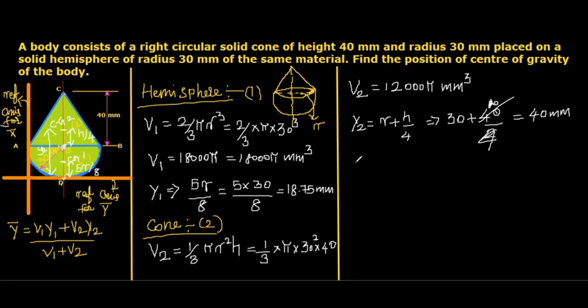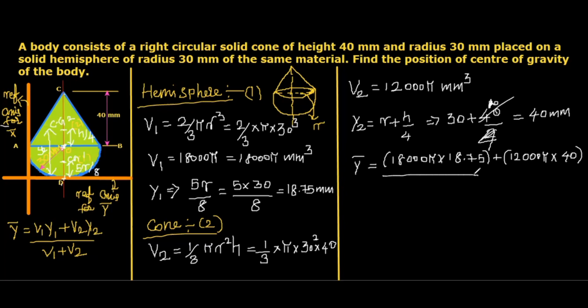Then substitute all the values in the y bar formula. V1, Y1, V2, Y2, everything we have to substitute in the formula. So V1, that is 18,000 pi multiplied with Y1, that is 18.75, plus V2, we got the value 12,000 pi mm cube, 12,000 pi multiplied with Y2, that is 40.